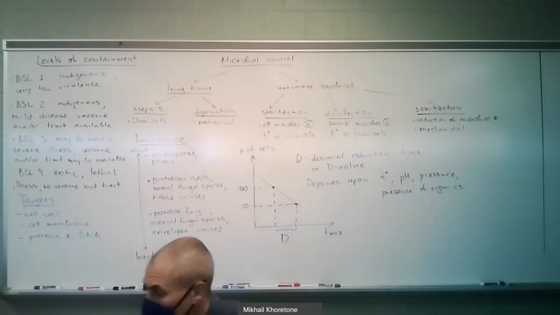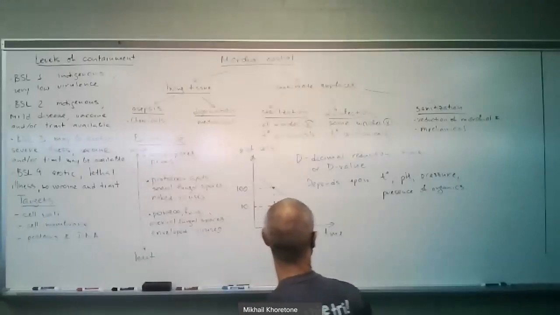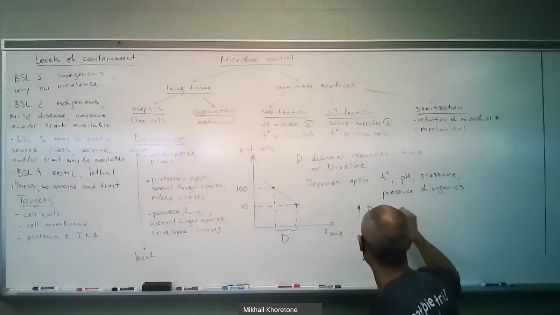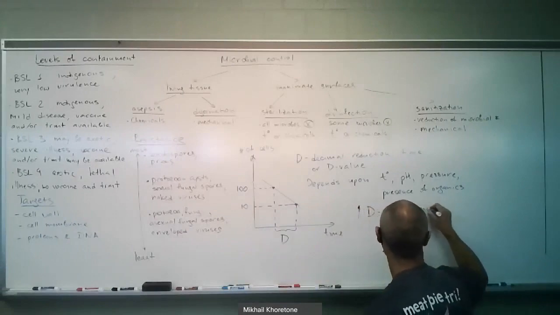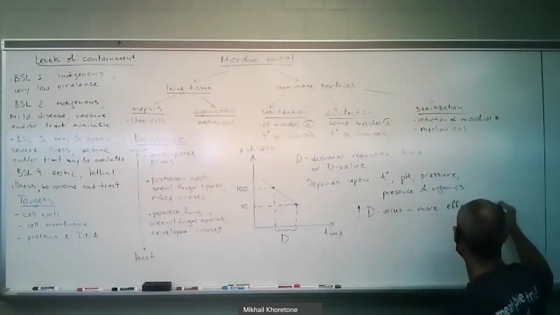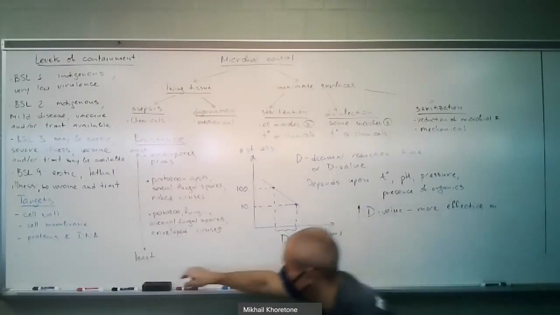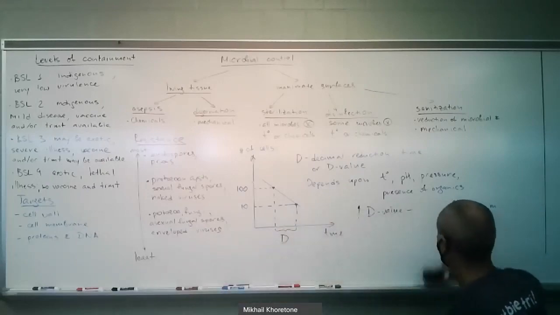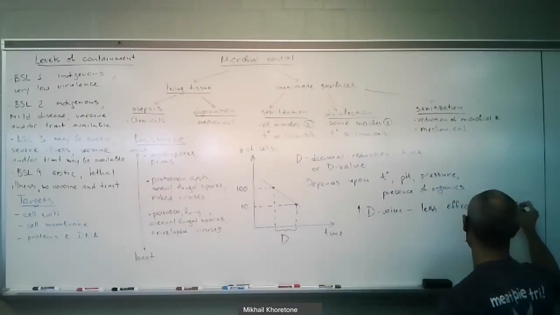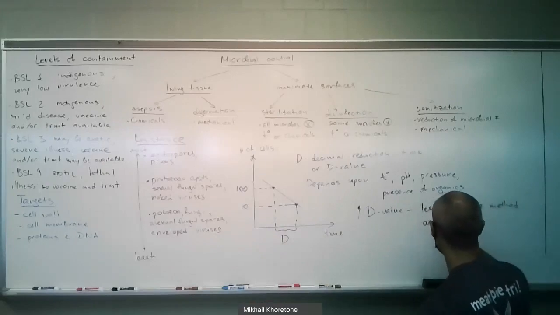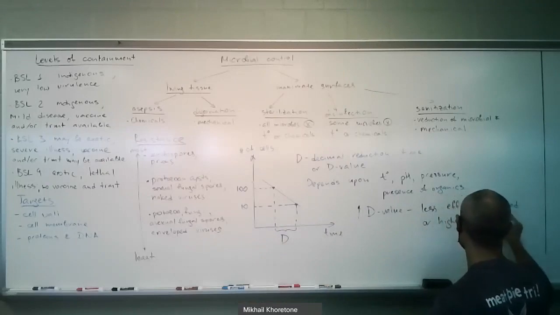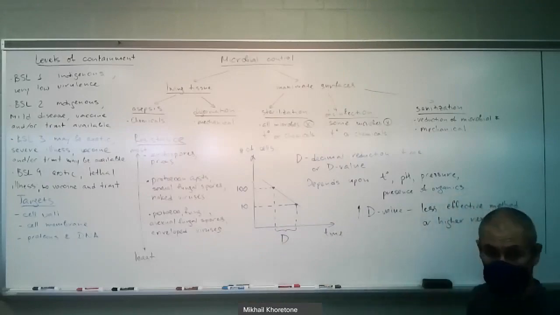Something else that I wanted to add about D value. Higher D value, less effective method, or higher resistance. Does that make sense?